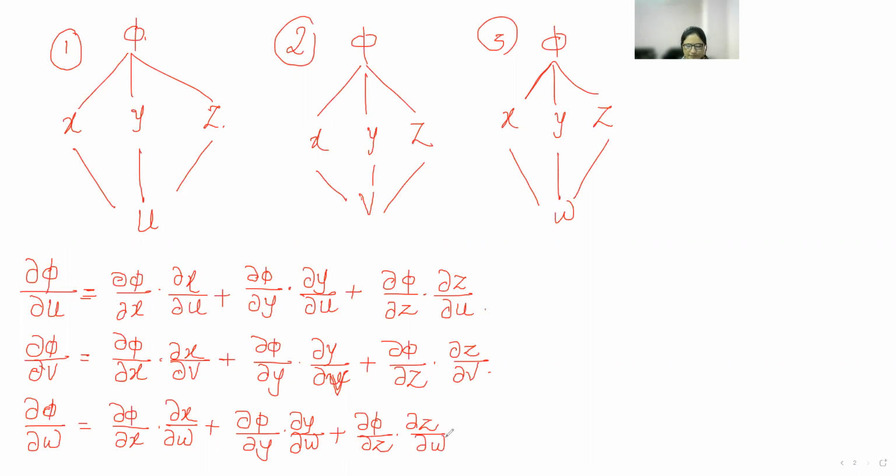So here we can take the partial derivative of that phi with respect to u, v, w by using chain rule like these.